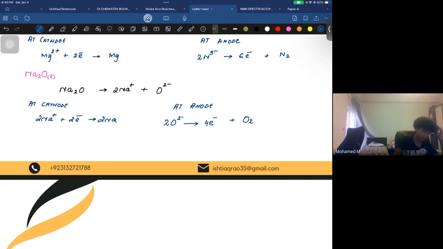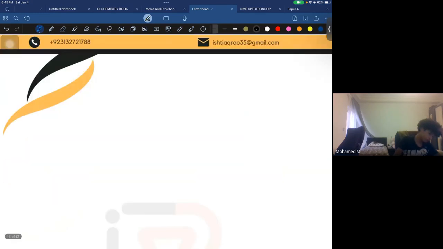Then we have sodium chloride aqueous. Aqueous means that I have dissolved the sodium chloride into the water.